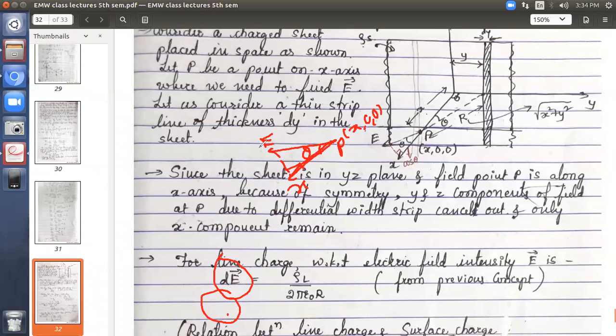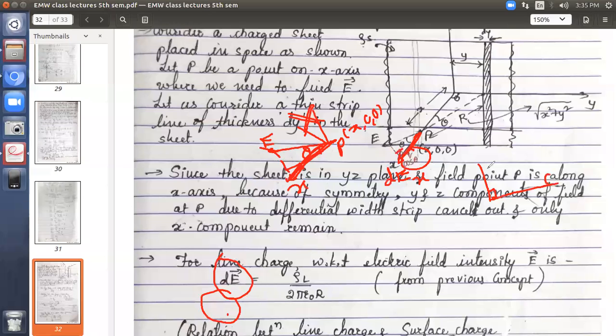So if I resolve this E into two components, say Ex and some other components which I don't want, they are already cancelled. I want only this part, only this component of E. It is actually Ex. Now, what is this? If you observe, you have a 90 degree angle here.